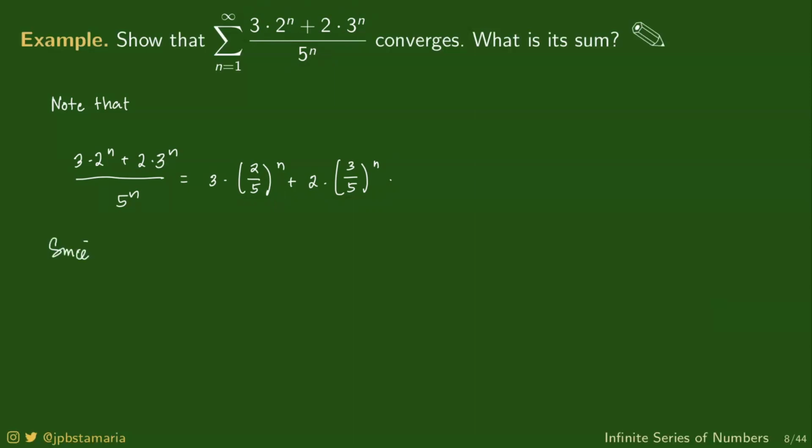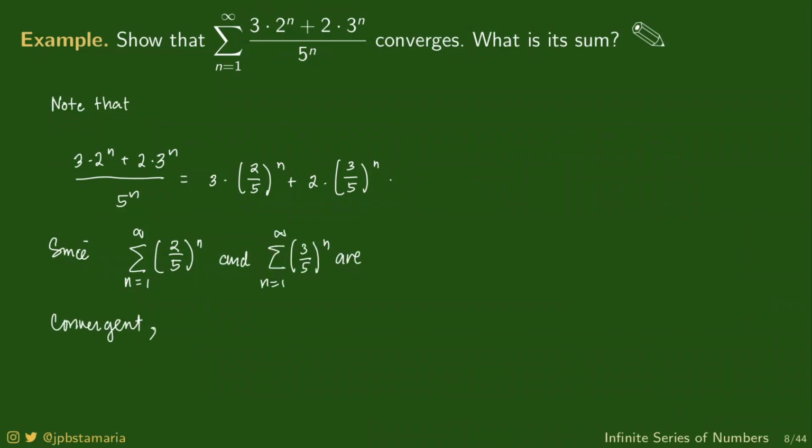Since the sum of 2/5 raised to n from 1 to infinity is convergent, sama na natin yung isa. Are convergent. Why are they convergent? Anong reason?